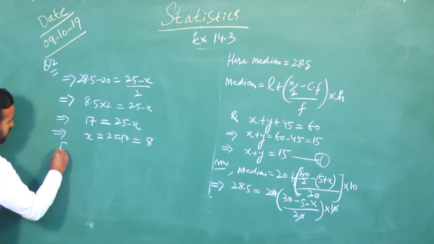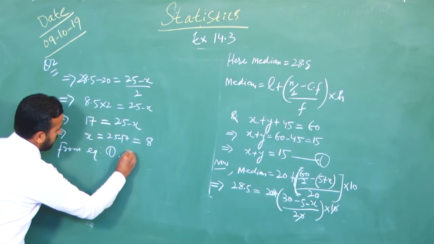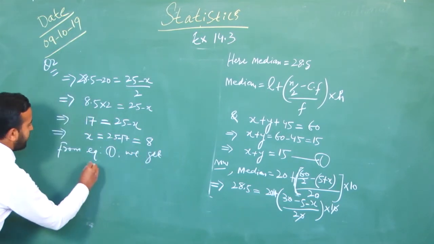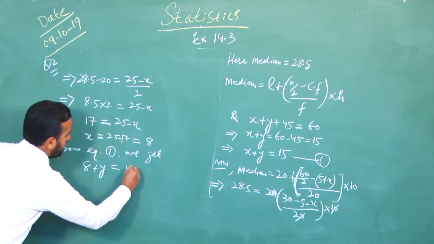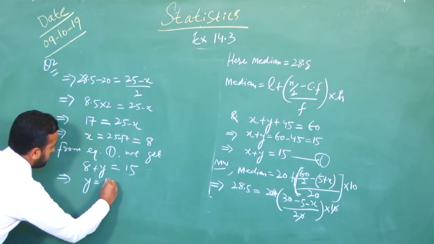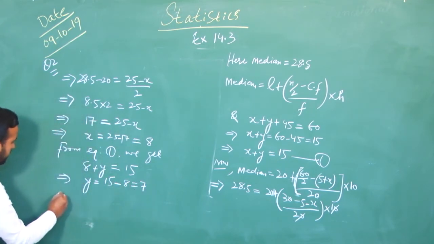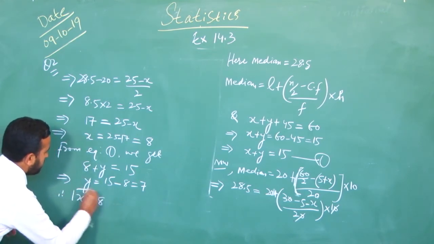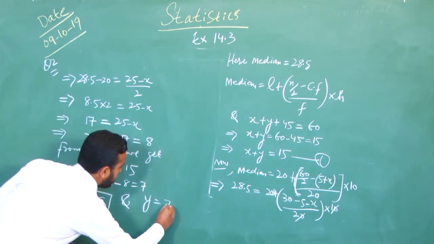So from equation 1, we use the value of x, that is 8 plus y equal to 15, which implies further y is equal to 15 minus 8, that is equal to 7. In this way, therefore, we write x is equal to 8 and y is equal to 7.